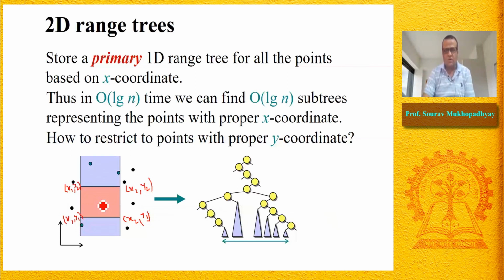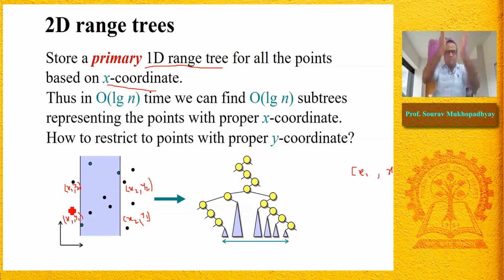Now we first have a 1D range tree based on the x coordinate. If you do the search on this based on just x1, x2, because our tree is based on the x coordinate, then we'll get all the points which lie in this strip.